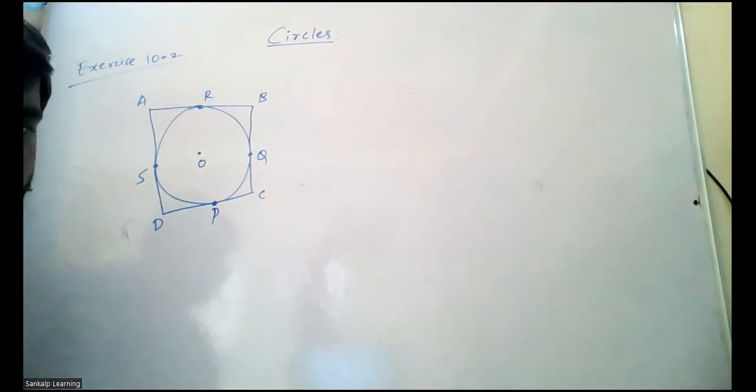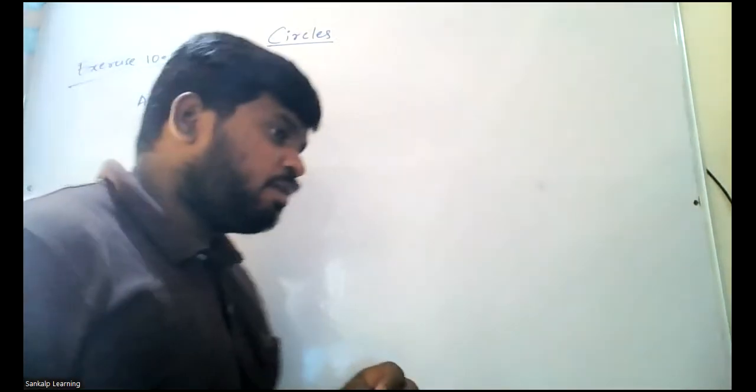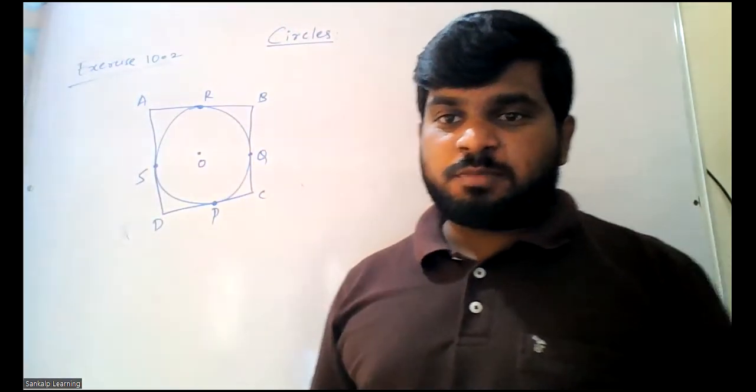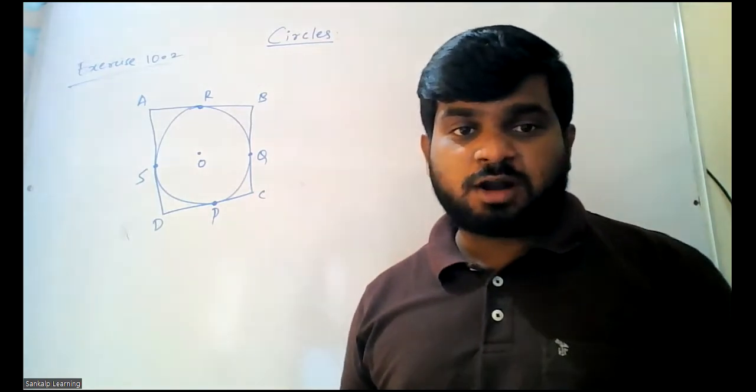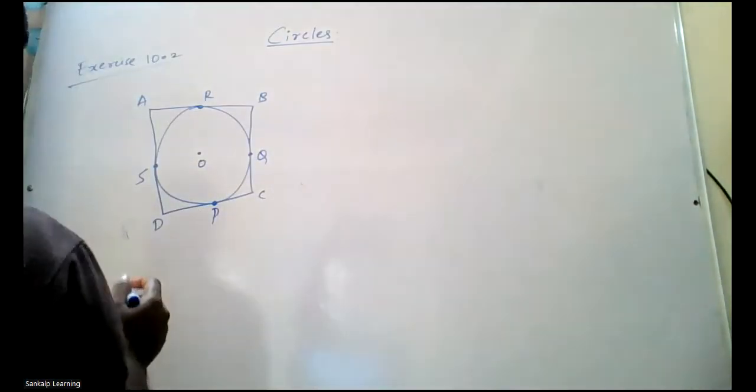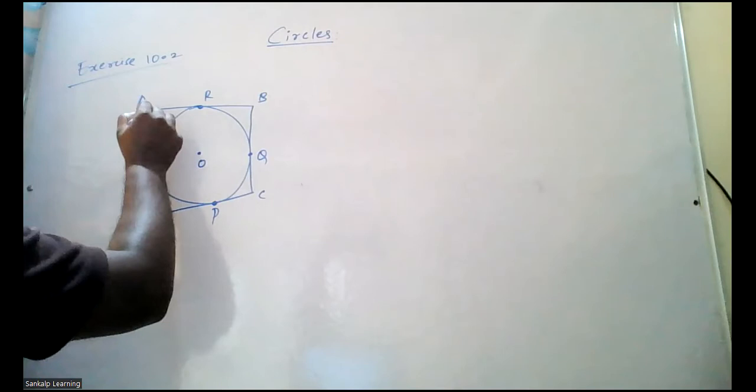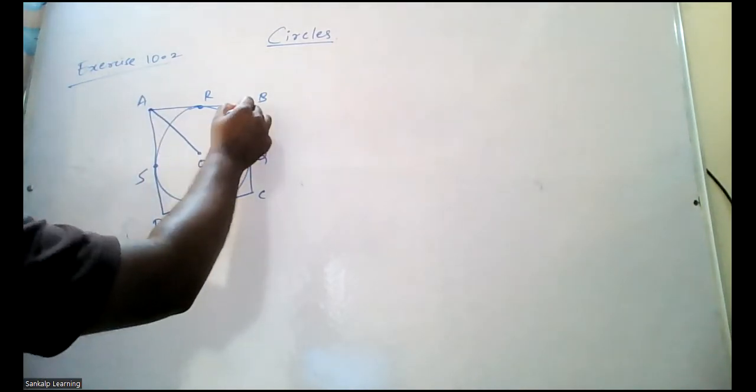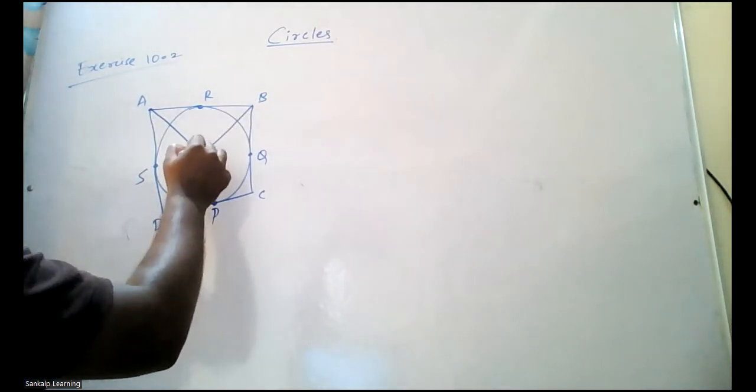What we have to prove? Prove that the sum of the angles, where are these angles formed? At the center. By what? By the opposite sides. Meaning, if you join the ends of the side to the center like this, you get an angle.